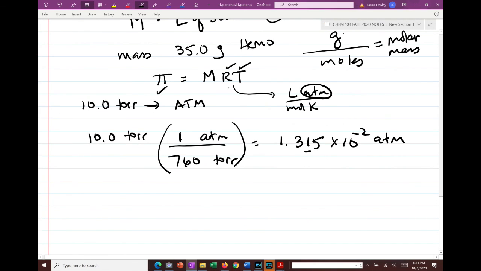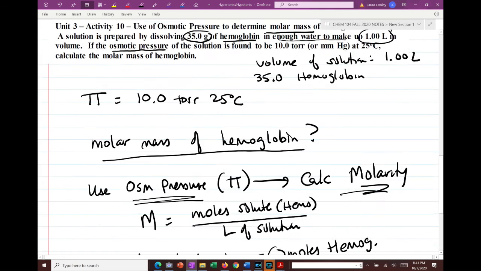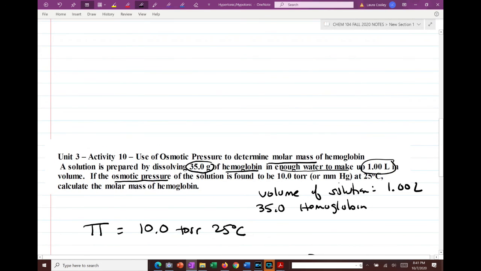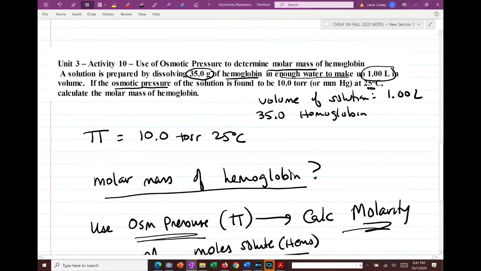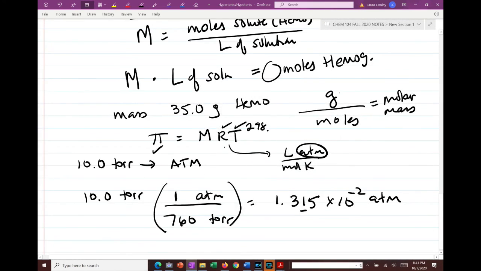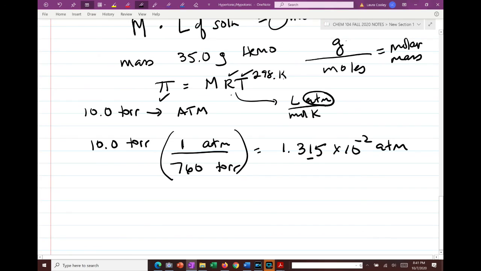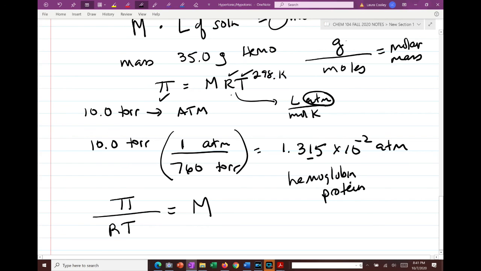R is a constant. T we know is 298. I think I said at 25 degrees C, I hope. Yeah, 25 degrees C, 298 Kelvin. So pi over RT equals M. And here's another thing. Hemoglobin is a protein. It's not an ionic compound, so you don't have to worry about the i.